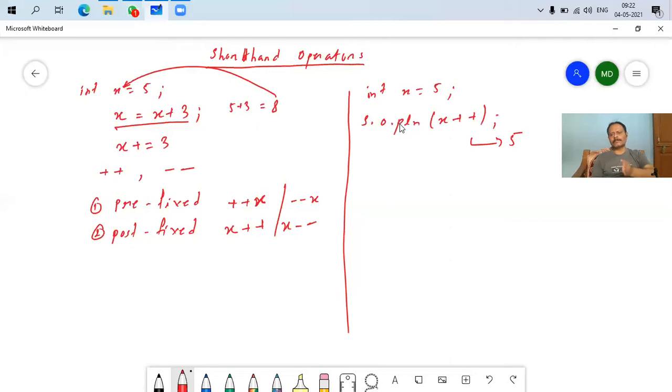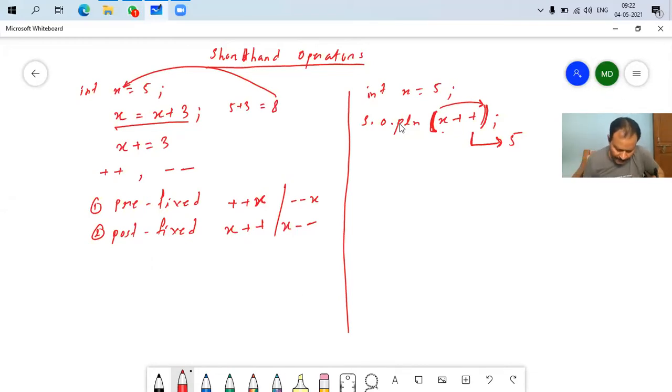Because the increment operation was not done. Because the postfix operation is only done once the statement gets executed. Until we reach the end of this braces, the statement is not complete. So it prints 5 because it has not increased the value of x.